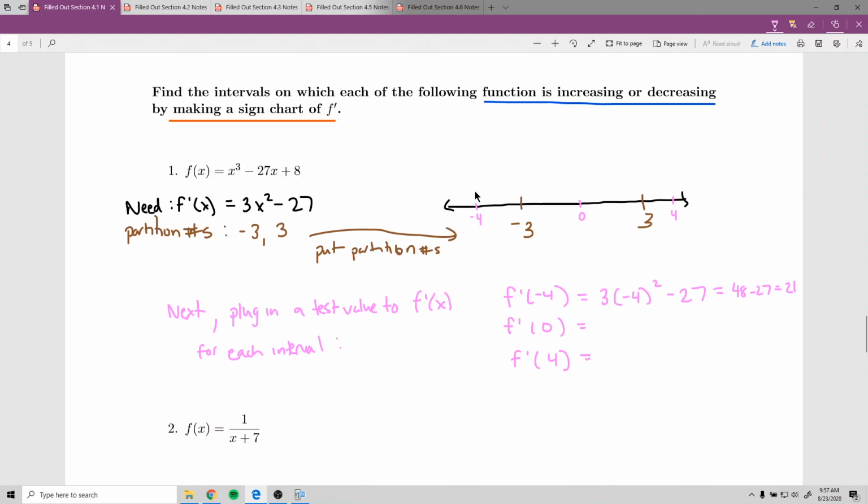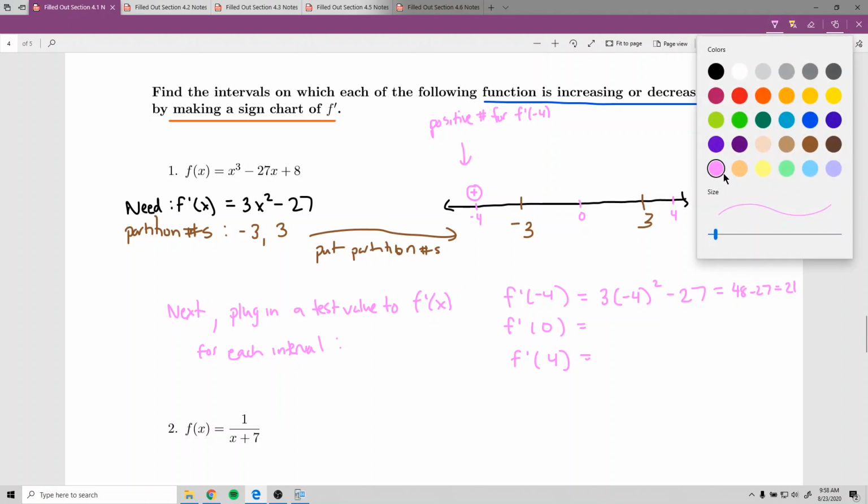So what I do is I put a plus sign since we got a positive number. And I just do plus and then minus and plus, whatever they turn out to be.